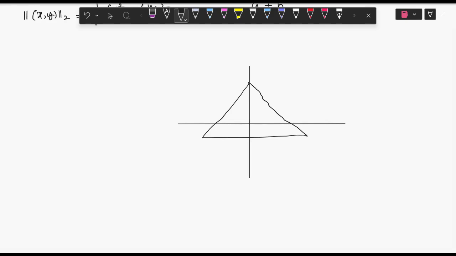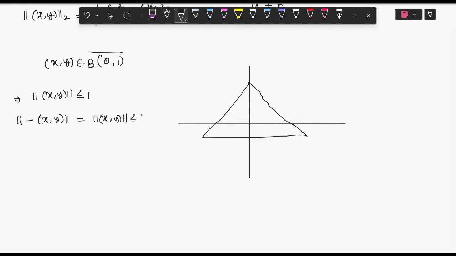Note that if (x, y) belongs to the closed ball B of 0, 1, it means the norm of (x, y) is less than or equal to 1. What can we say about minus (x, y)? If we take the norm of minus (x, y), that is nothing but the norm of (x, y), which is again less than or equal to 1.